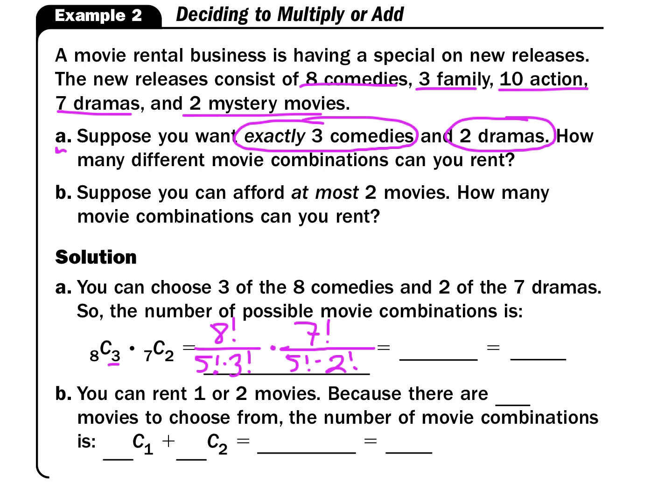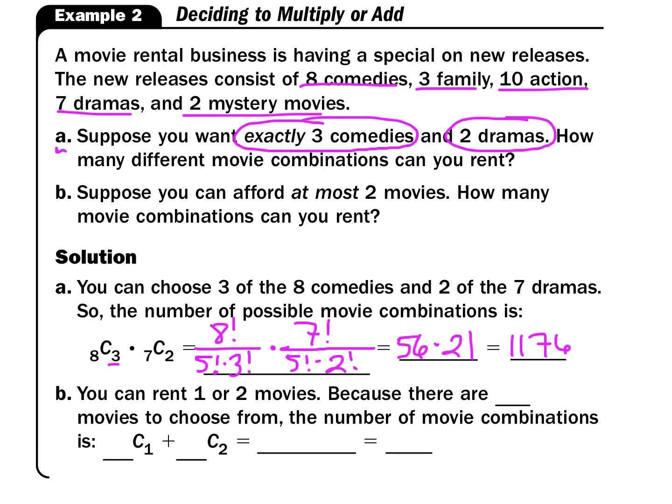So 8 factorial over 5 factorial times 3 factorial works out to be 56, times 7 factorial over 5 factorial times 2 factorial turns out to be 21. So I have 56 times 21, which is 1,176 possibilities.